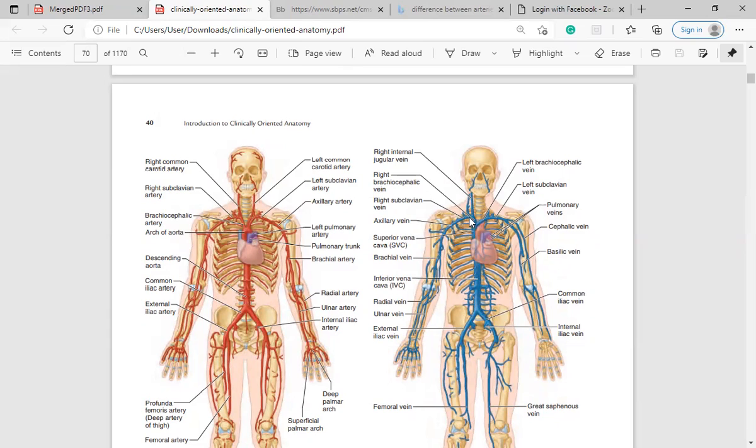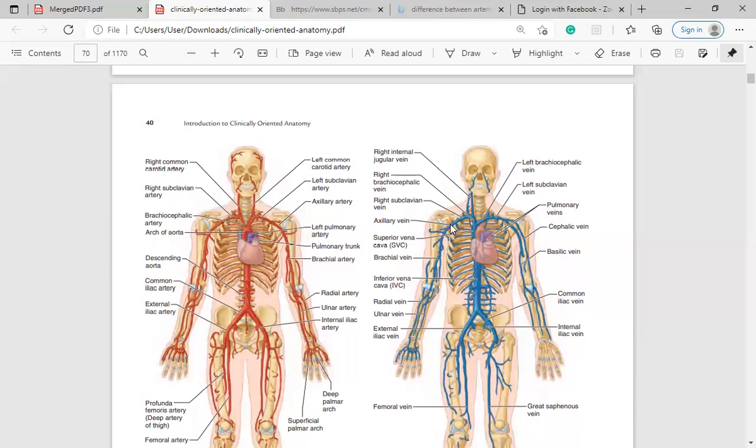In the artery, the brachiocephalic artery gave us a right common carotid artery and a subclavian artery. But in the vein, we now have a right subclavian vein and an internal jugular vein coming from the brachiocephalic vein. And then it continues down to form the axillary vein, okay?